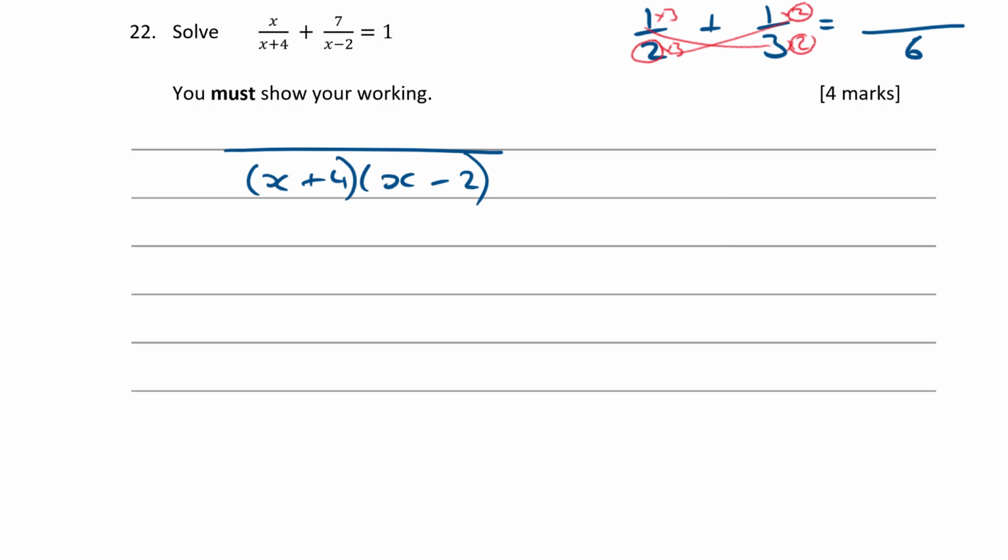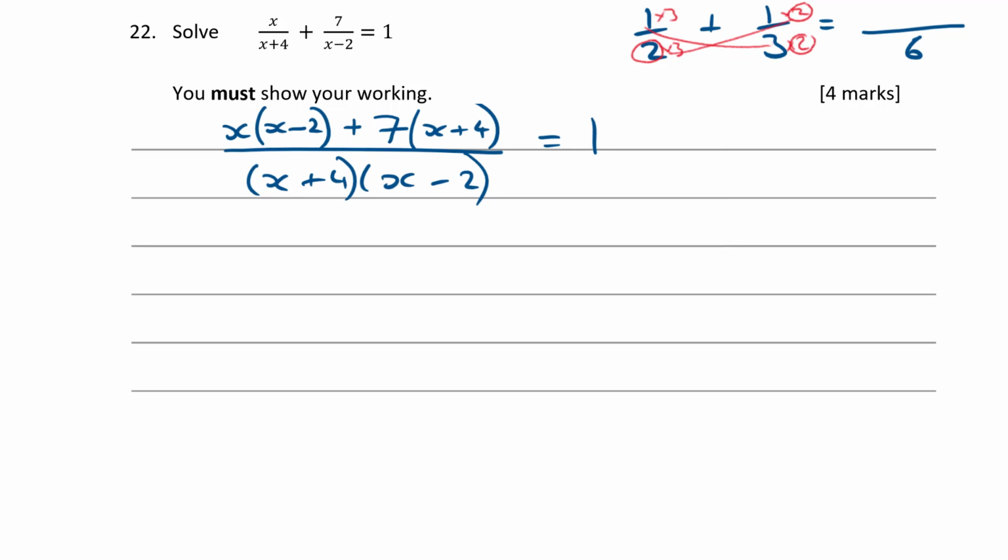Okay, so I'm going to get my x, which is my original numerator, and I'm going to multiply it by the denominator of the second fraction. And I'm going to add on my 7, which was the numerator of my original fraction, and multiply it by the denominator of my first fraction. So we end up with something that looks like this.